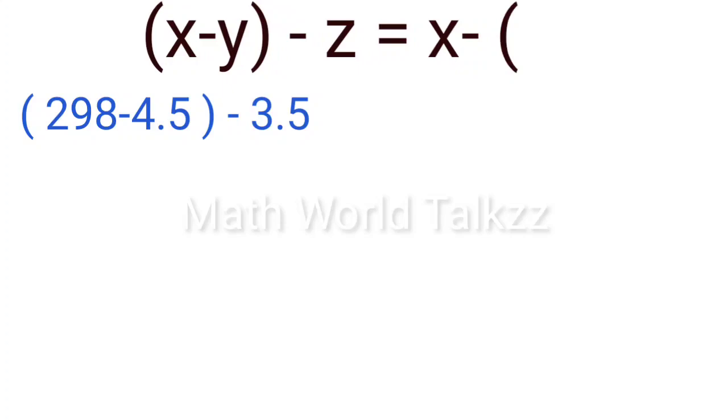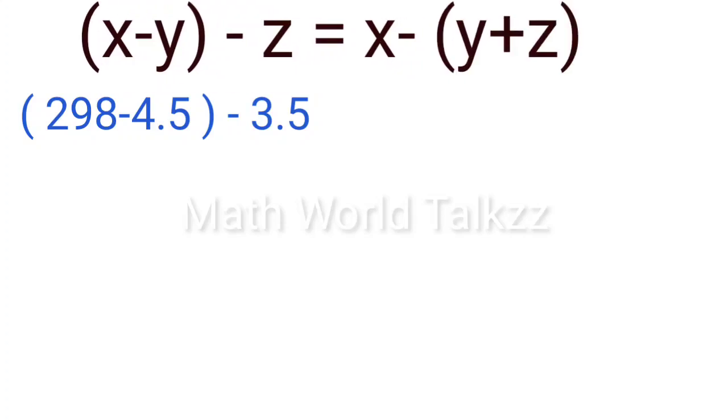Then next one, 298 minus 4.5 minus 3.5. Here, which rule can we use? Two numbers we want to subtract repeatedly. So which rule? x minus y minus z is equal to x minus y plus z, is it?